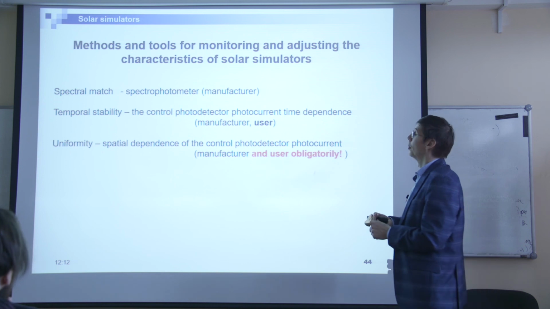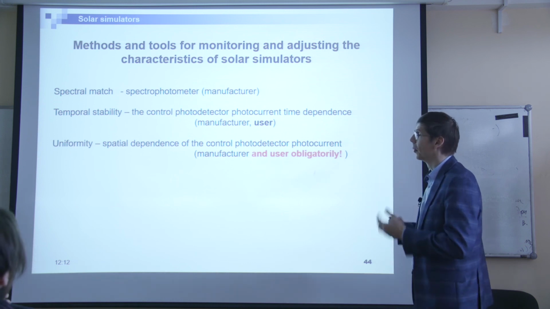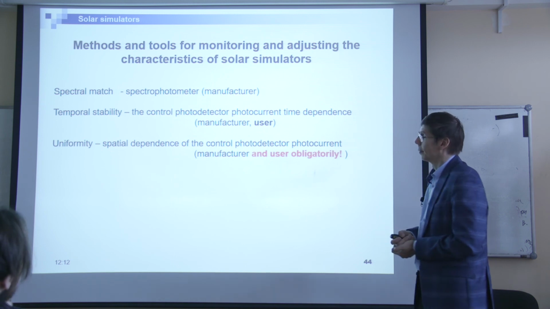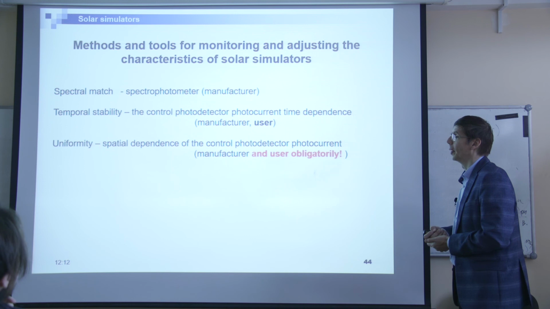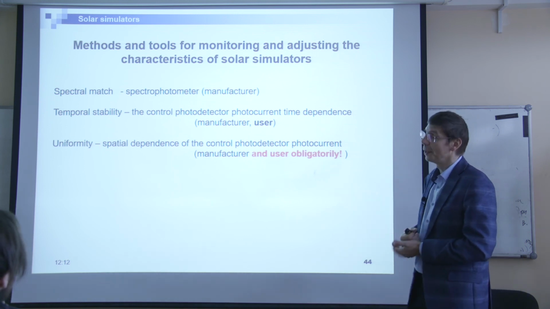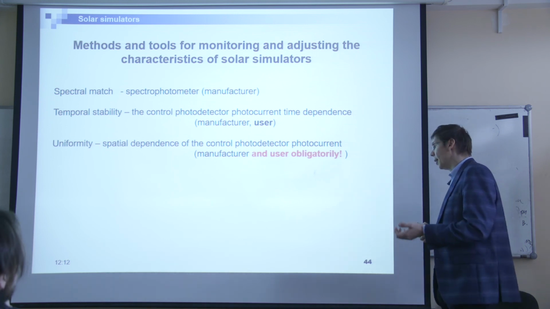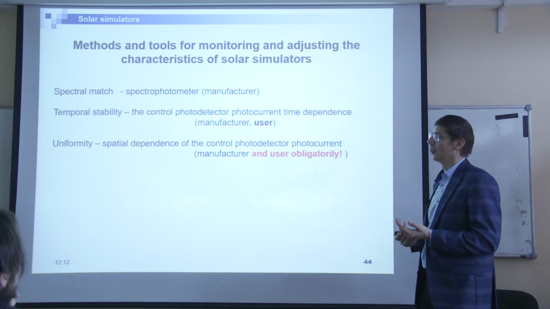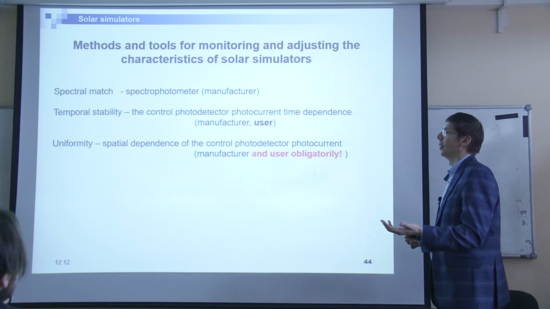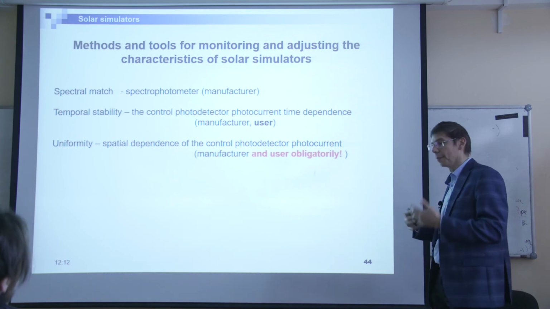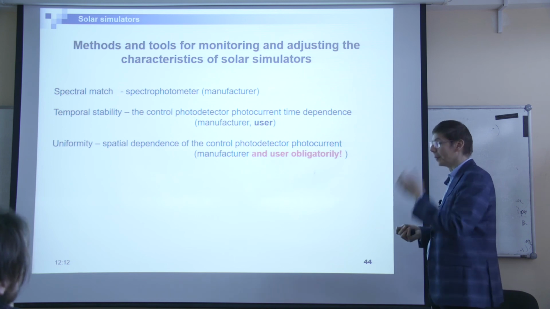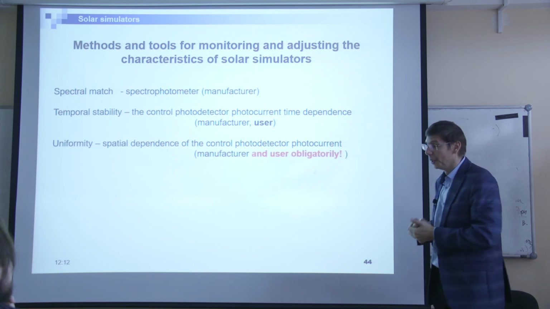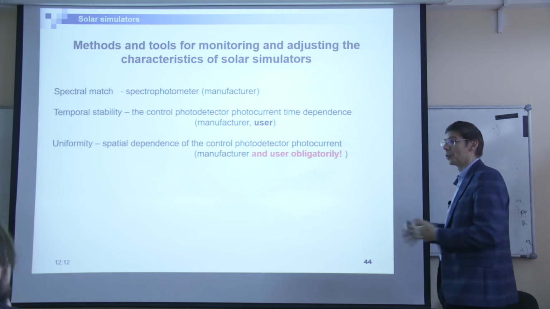Temporal stability. Of course, manufacturers should think about it, but the user should also pay attention to the temporal stability. In any case, you have to control the intensity when you start the measurement, and after some reasonable time you have to check whether it still corresponds, or check how it changes with time, because it's your measurement, so you are responsible.